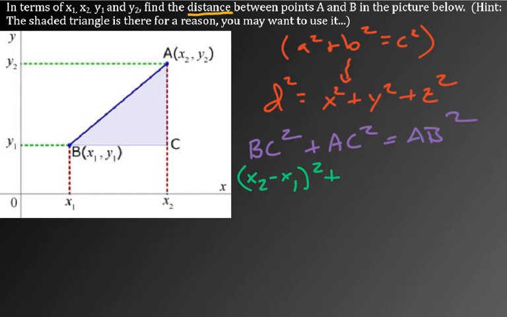And then AC right here is y2 minus y1. And AB is what I want to solve for, so I put in AB squared, and to get rid of the square, we can just take the square root.